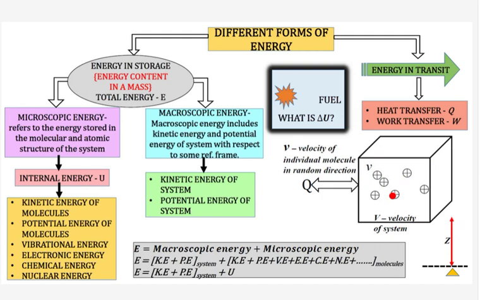If you remember the macroscopic approach and microscopic approach, in macroscopic approach we see the full system as a whole, as a single thing, and will not bother about the individual velocity of the molecules of this system. Now do you have understanding of this, microscopic energy and macroscopic energy?